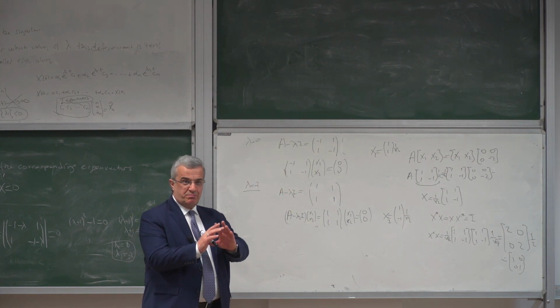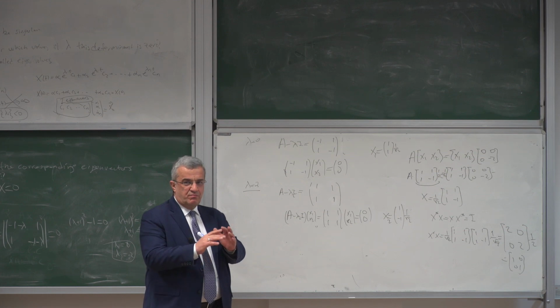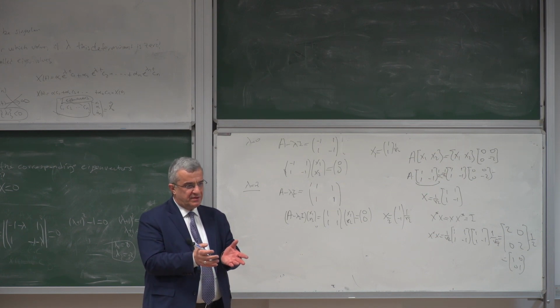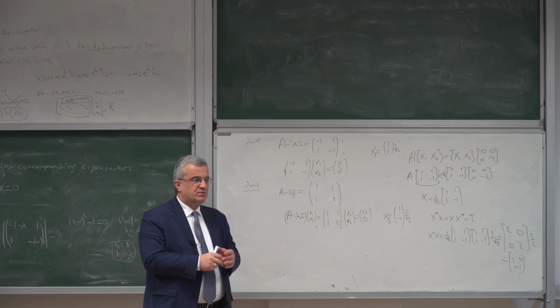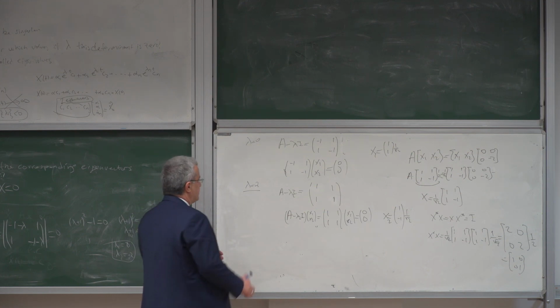If you had a multiple eigenvalue for a Hermitian matrix, then you would have more than one vector spanning that subspace. Then you would just take any two and find the orthogonal pair that spans the same subspace, okay?